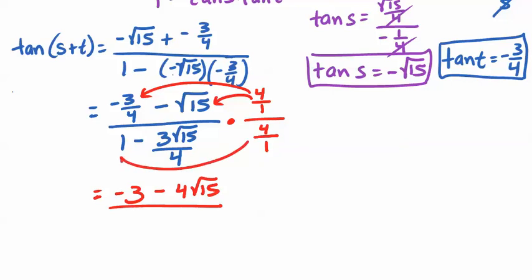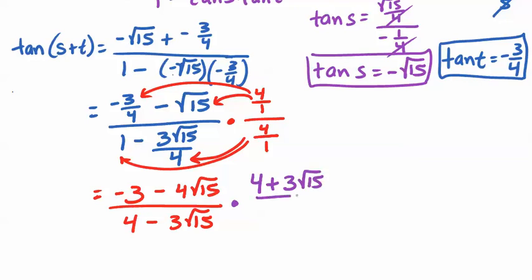And we distribute down here to get a 4. And these two, the 4's cancel. And now we're almost happy with that. I don't mind having the square root in the denominator, but again, that answer isn't going to show up in your textbook. So how do we rationalize when it looks like a binomial?